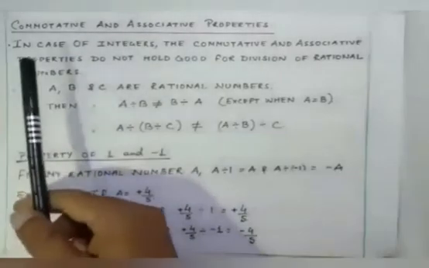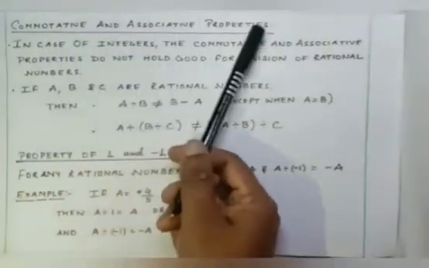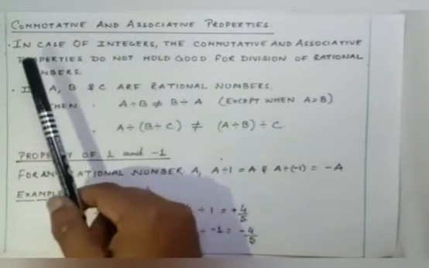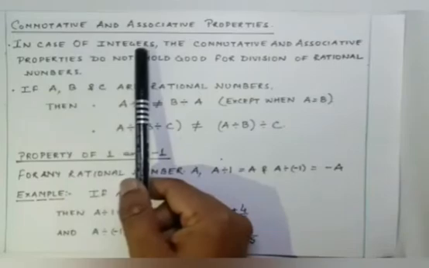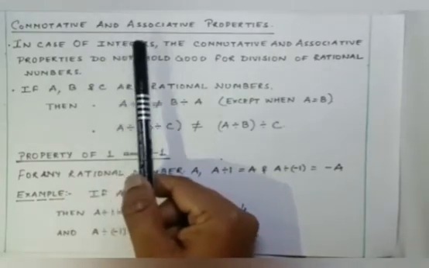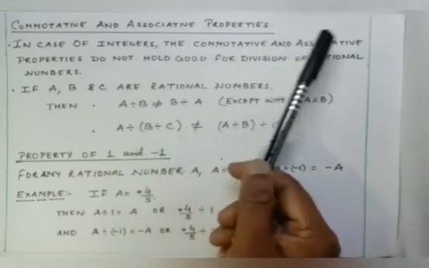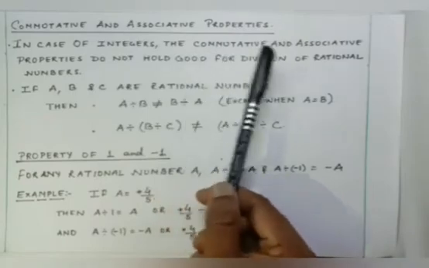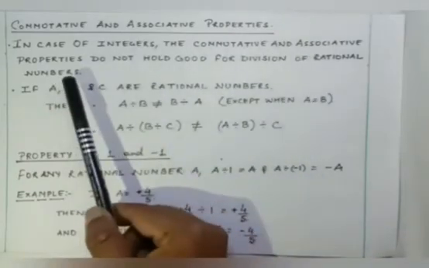Let us come to another topic, that is commutative and associative property. Let us see what it says. When we are taking the values of A and B as integers, the commutative and associative property do not hold good for division of rational numbers.